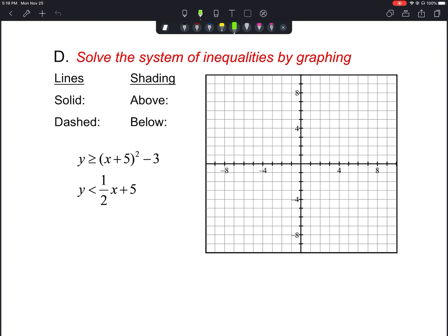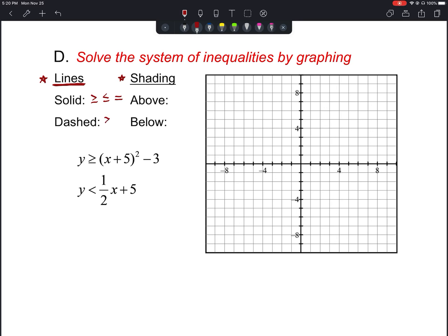Letter D. Now we're going to look at solving a system of inequalities by graphing. So first, let's just review. I think you may have done a little bit of this in Algebra 1, but to be sure, we'll talk about it right now. When we're graphing lines or any shape on a coordinate plane, remember, our lines will be solid if we're looking at greater than or equal to, less than or equal to, or just plain equal to.